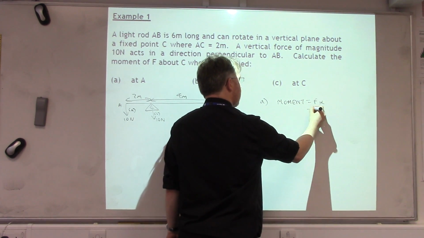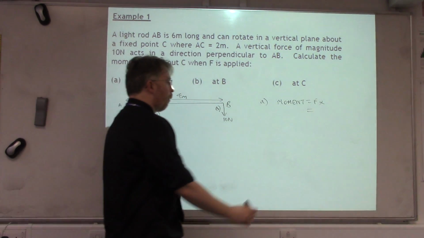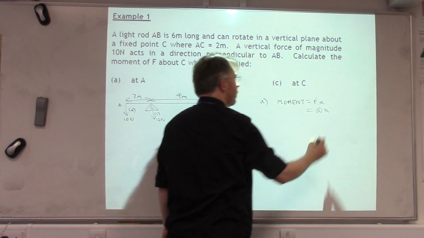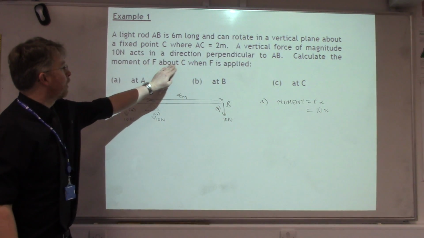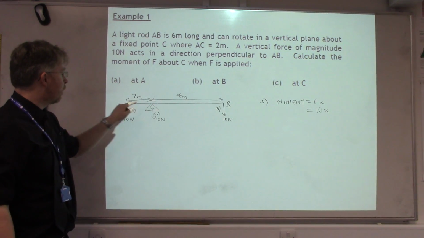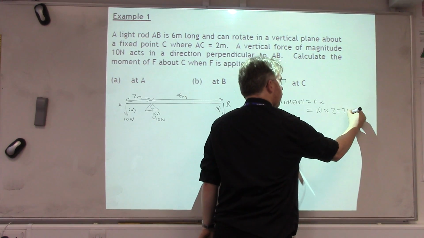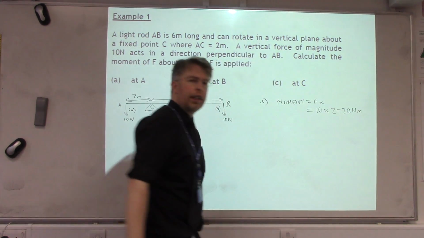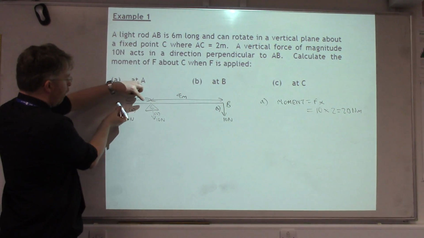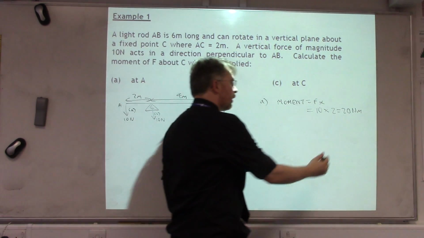In each of the 3 cases, the force is 10. What we need to do is the distance. We are doing the moment about C, so the distance needs to be from the point C. So in this case it's 2 metres away. So 10 times 2 is 20 Newton metres, and if we turn the force around the point C, it would turn in an anti-clockwise direction.